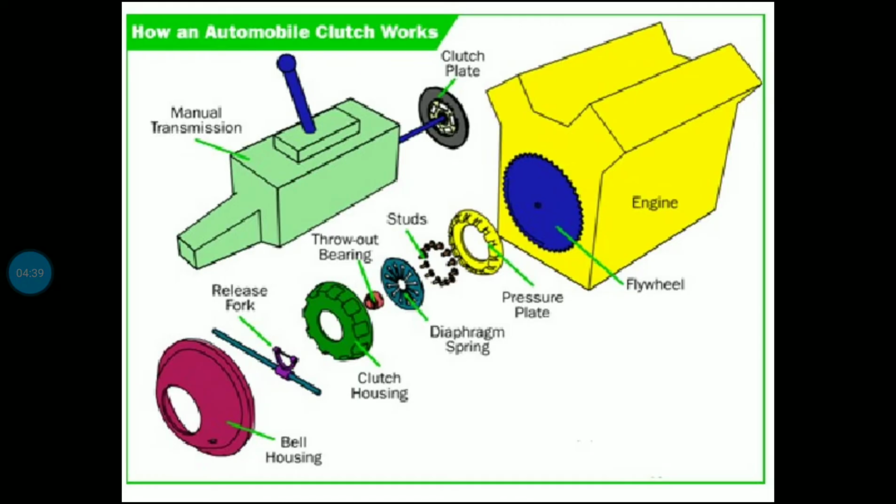How an automobile clutch works is given here. The clutch plate is shown there. In a manual transmission, before putting the gear, I have to press the clutch. When I press the clutch, it disconnects the driver and driven. Then I change the gear. When I release the clutch, it connects again, and the power and torque will be increased.